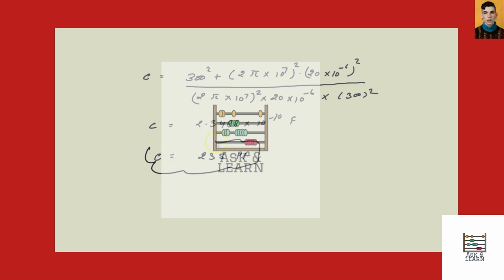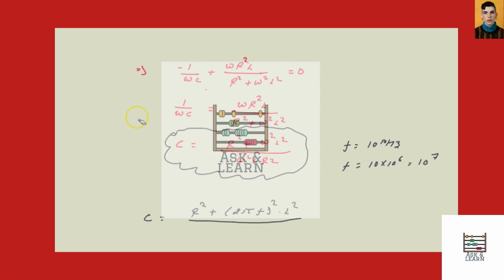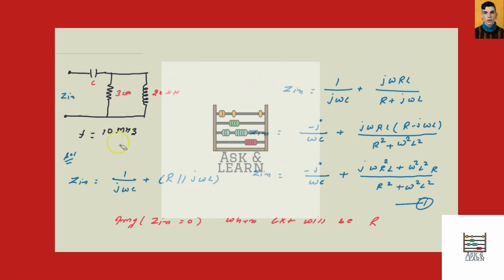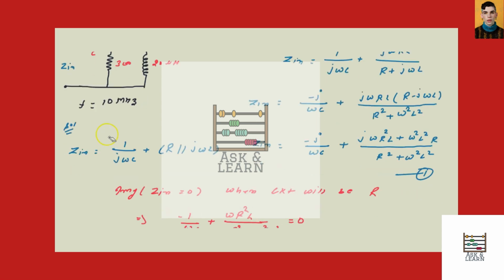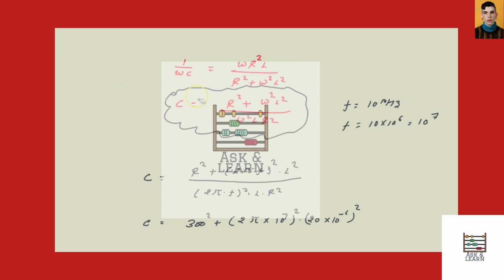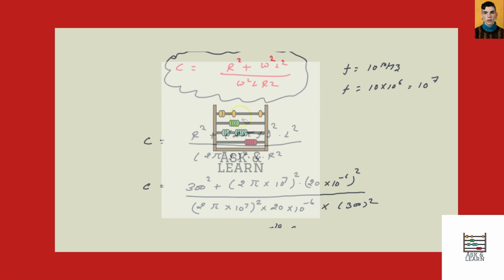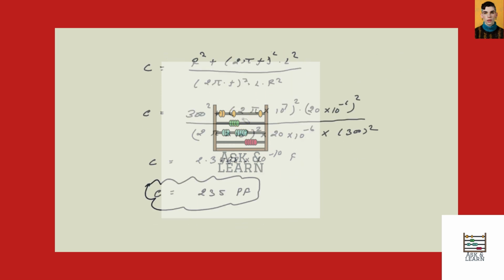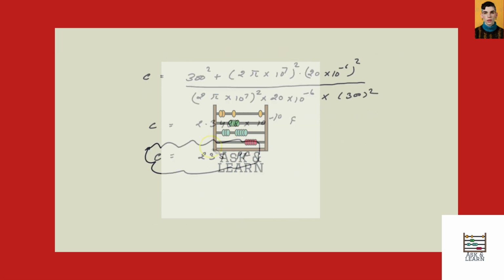It is clear? In this problem, we first calculate the total impedance of the circuit and apply the concept that for the circuit to be purely resistive, the imaginary component must be 0, and find the value of the capacitor C. By putting in the values of all these parameters we can easily calculate the value of capacitor C, which is 235 picofarad. It is clear? Thank you.